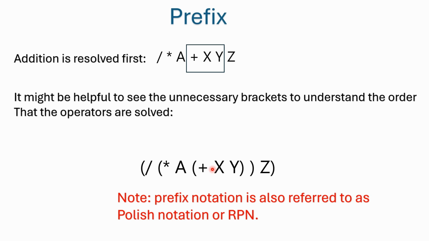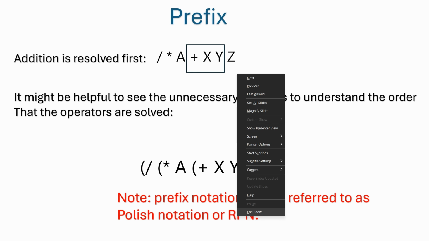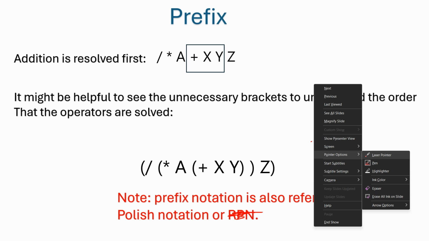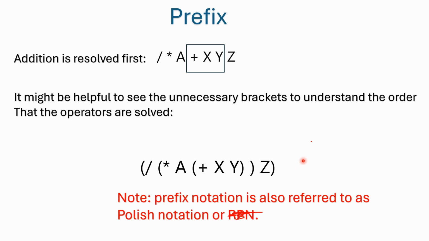And keep in mind too that the prefix notation is also referred to as Polish notation, not RPN. I don't even know if it's known as PN, but it's Polish notation, not reverse Polish notation.